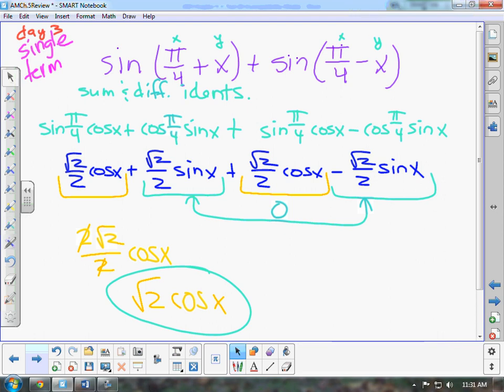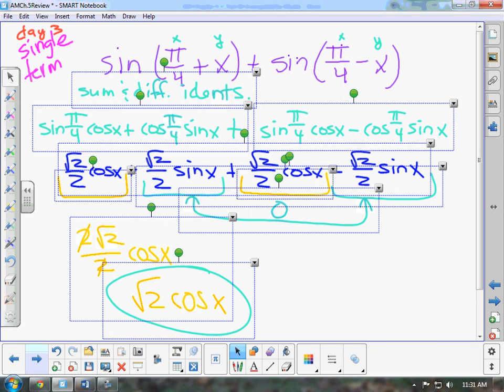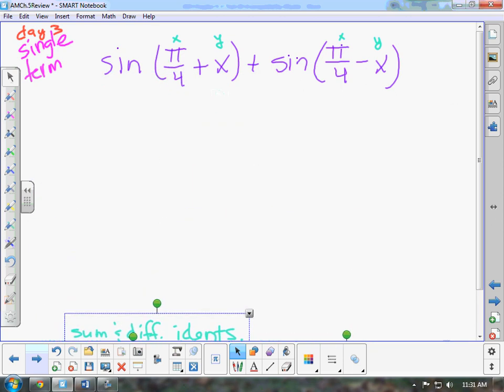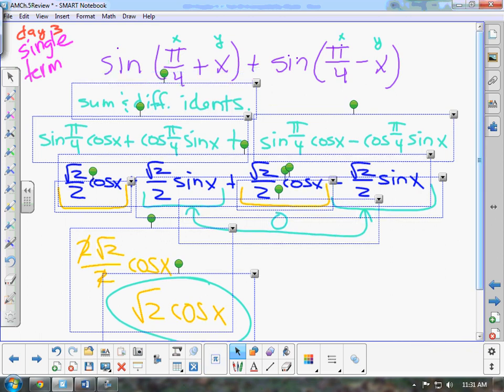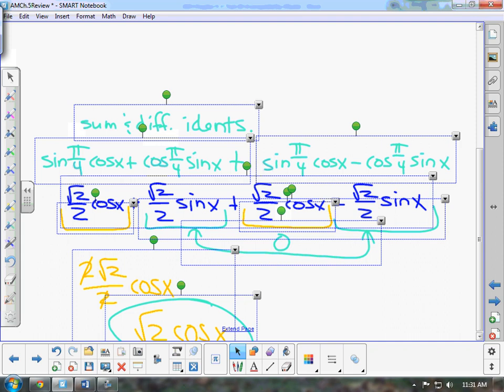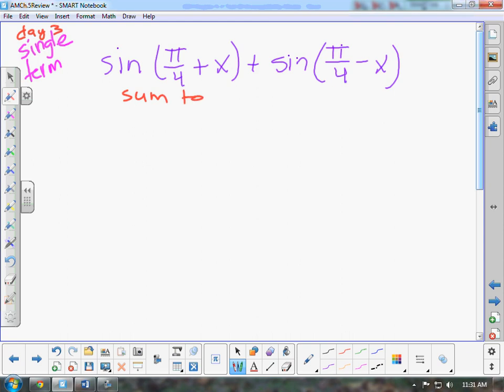A second route to take with this particular problem would be to not use the sum and difference identities, but instead use the sum to product identities. In this case, this whole thing would be considered your x, and that whole thing would be considered your y.